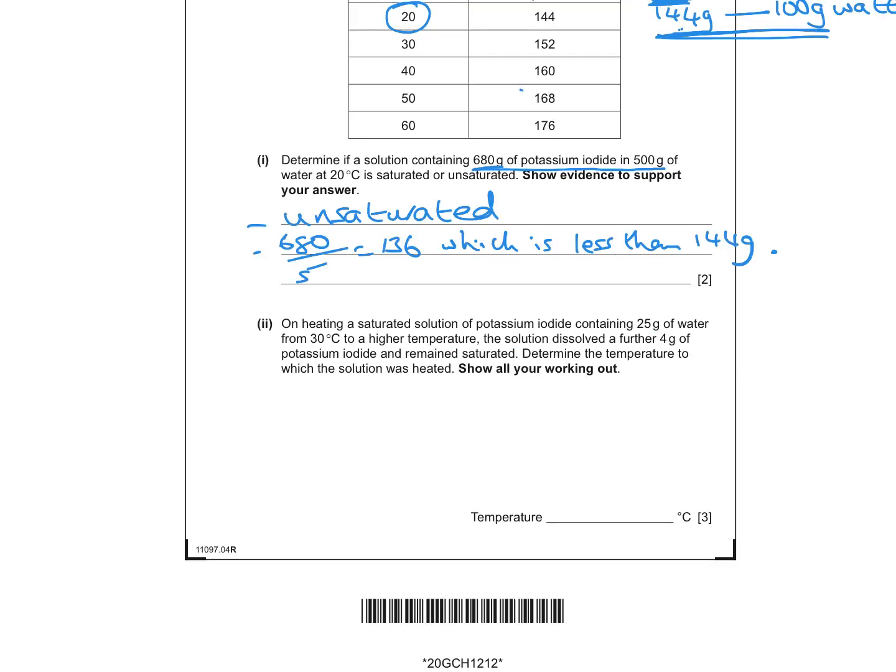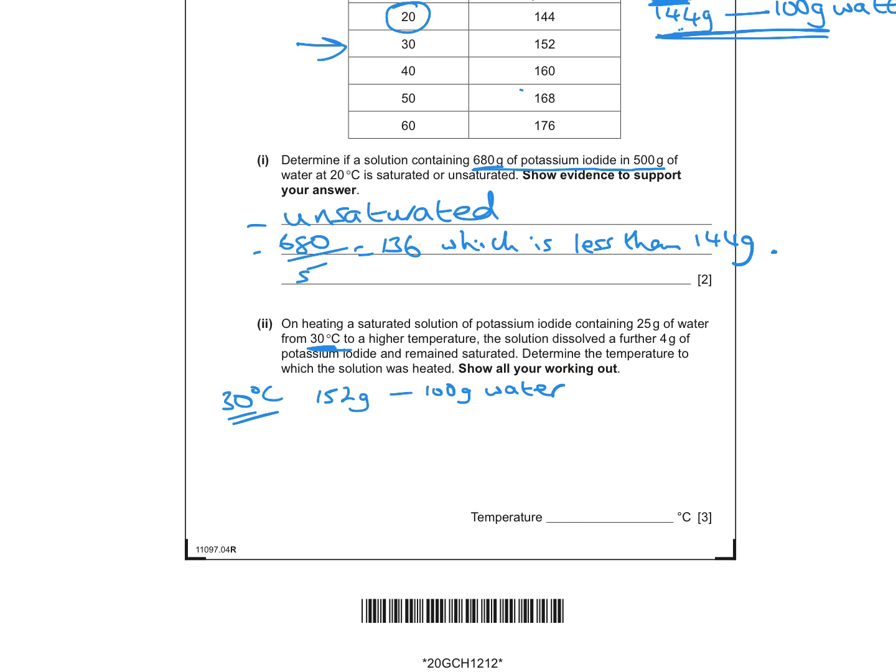In part 2, I can see here that the temperature is 30 degrees C. So I'm going to use this row. And at 30 degrees C, it's possible to dissolve 152 grams of solid.